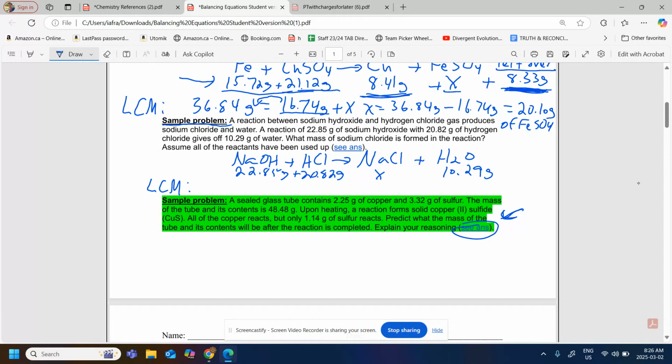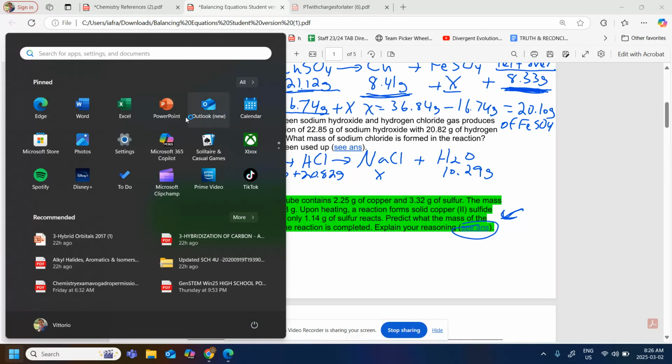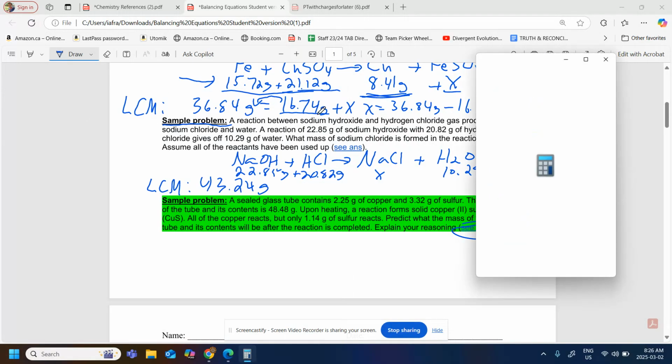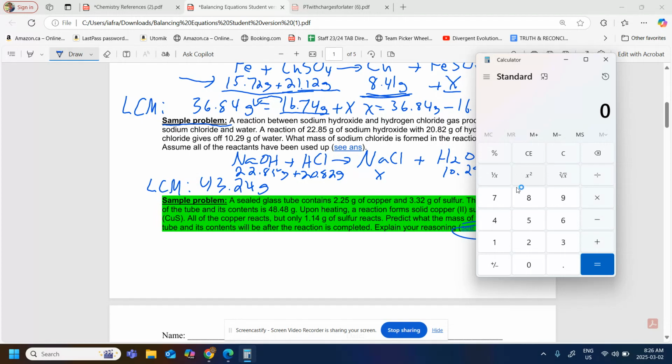So then we'd have 43.23 grams. Did I do my mental math right? Let's double check. I was doing that pretty quickly. Let's get our calculator out, because sometimes we get nervous when we do math in our head. We don't have to, but you can always double check your work.